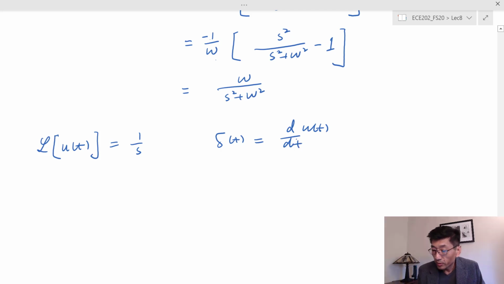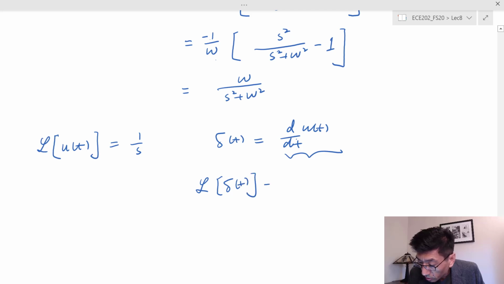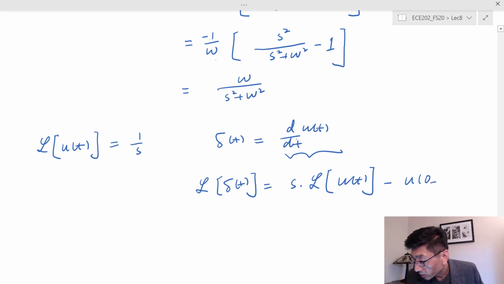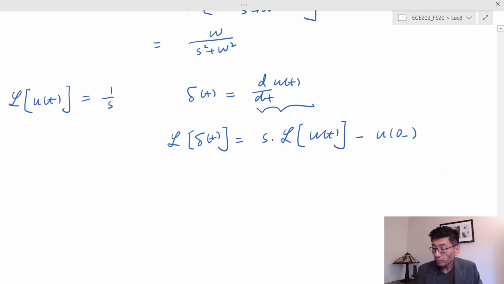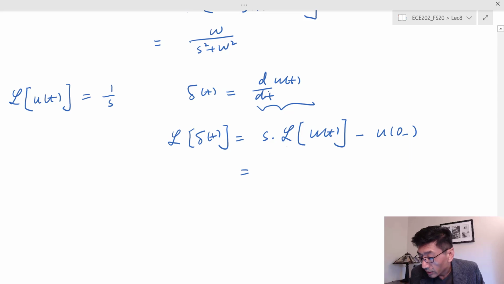So in this case, the Laplace transform of delta t is equal to s times the Laplace transform of u(t) minus the initial condition u(0). And in this case, that's s times 1 over s minus 0, so that's equal to 1.